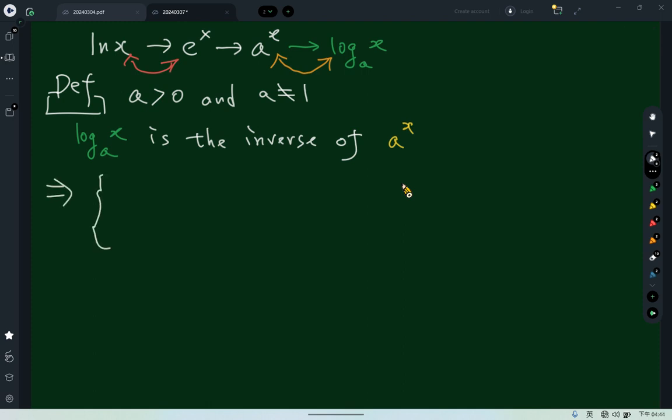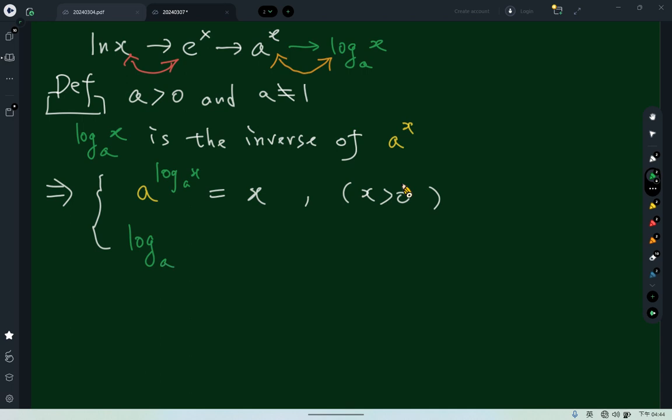We can expect that when we compose the function with its inverse function, we get the identity function back. So x here should be positive.